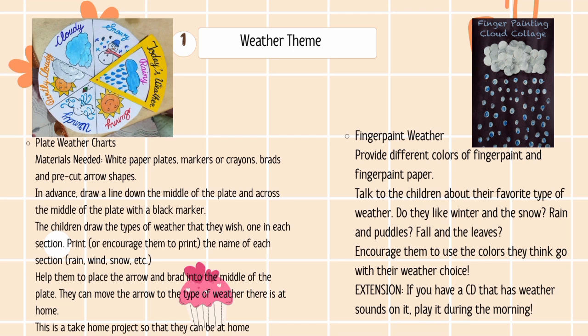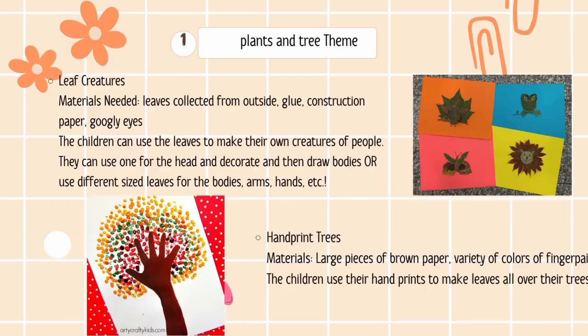Print or encourage them to print the name of each section: rain, wind, snow, etc. Help them to place the arrow and brad into the middle of the plate. They can move the arrow to the type of weather there is at home. This is a take-home project.